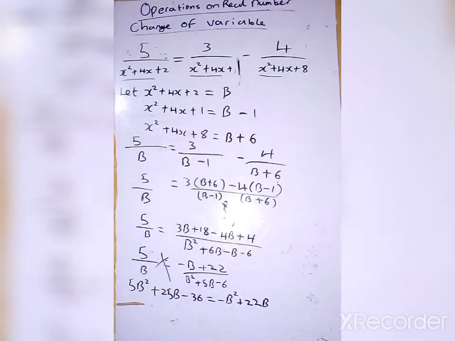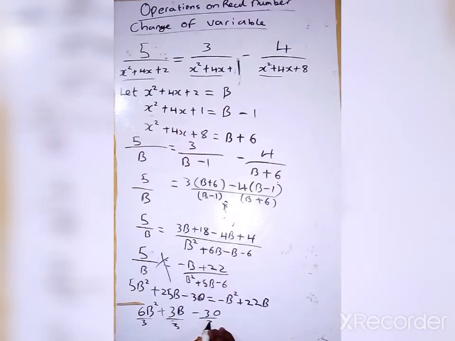So now 5b squared, if this b squared comes to this side, we have 6b squared. 22b, if it comes to this side, we have 25 minus 22, which is plus 3b. This one is minus 30. We can divide through by 3.